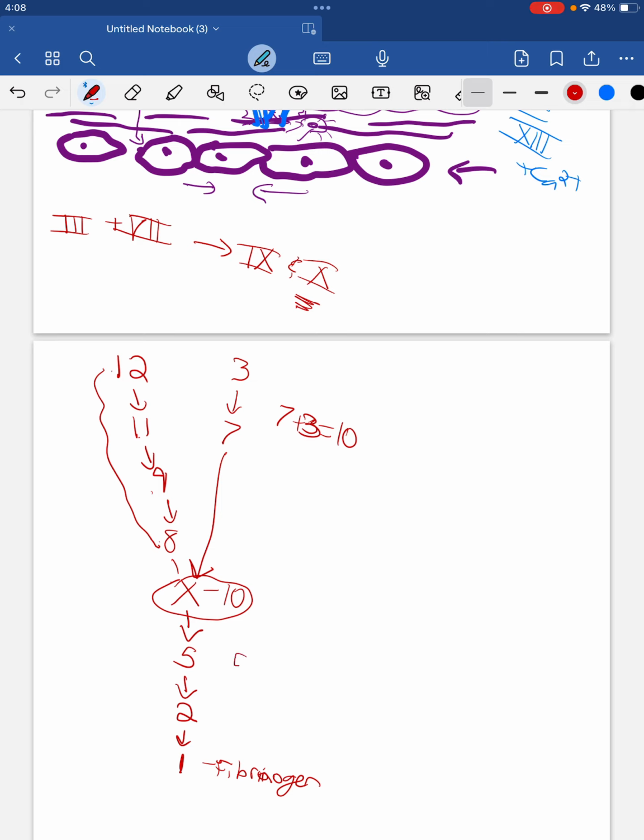And then here, 5 times 2 times 1 equals 10. Okay, so both, this is our intrinsic pathway and our extrinsic pathway, and they both lead to factor 10 and then to this pathway here to forming that fibrin mesh. Okay.